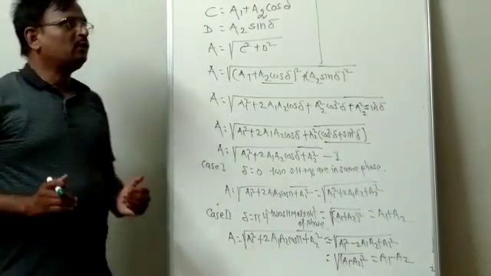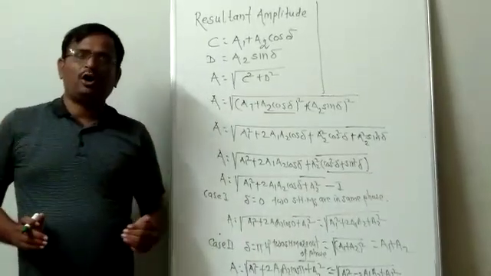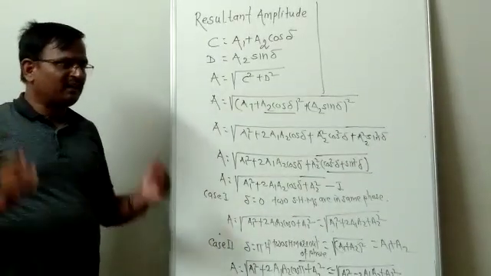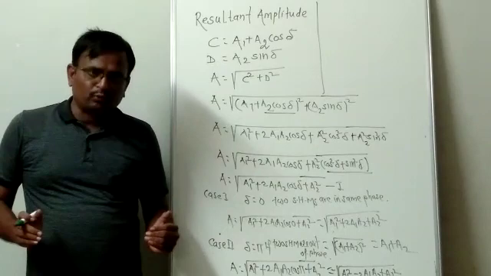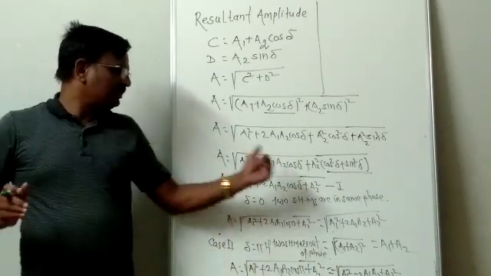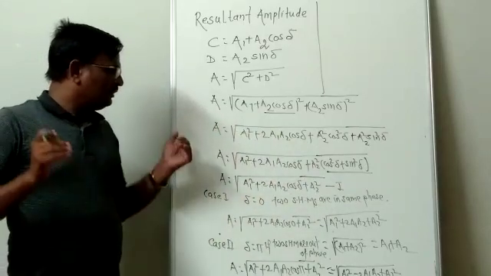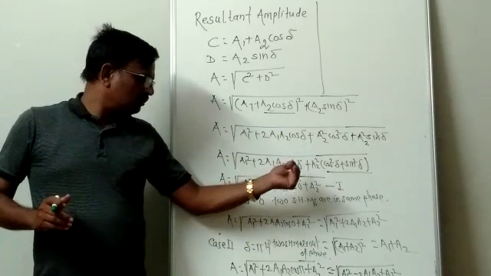In this period, what have we learned? We have learned the resultant amplitude of two SHMs. That amplitude is the square root of A1 square plus 2A1 A2 cos delta plus A2 square. I took the value of delta equal to 0.